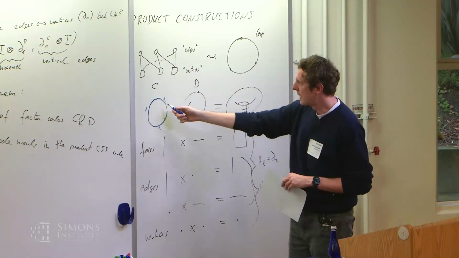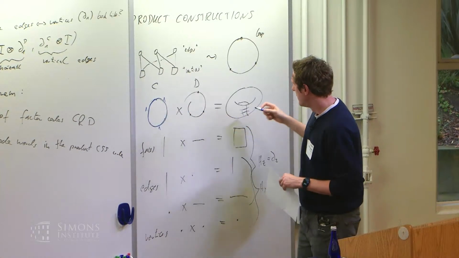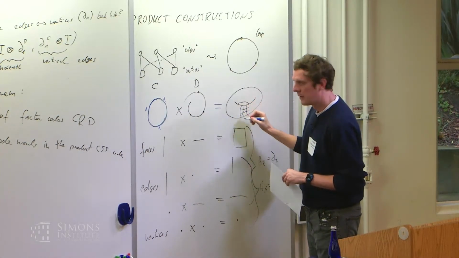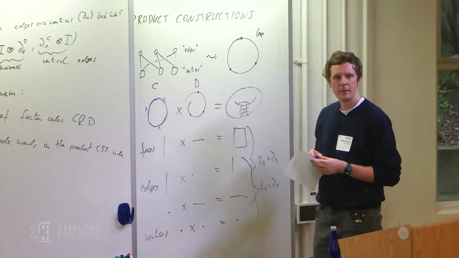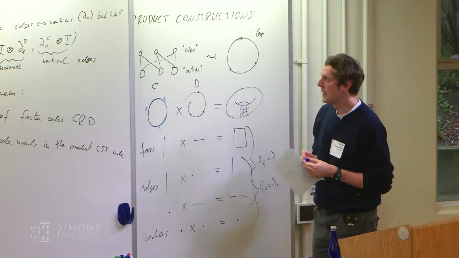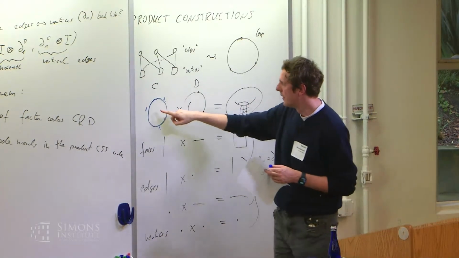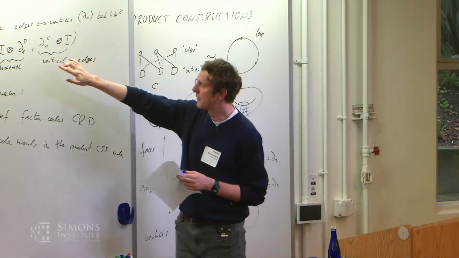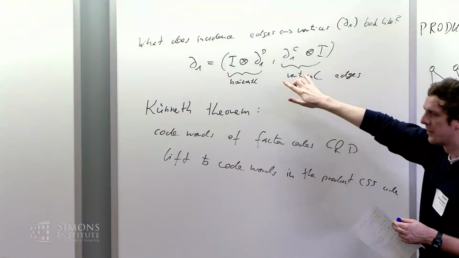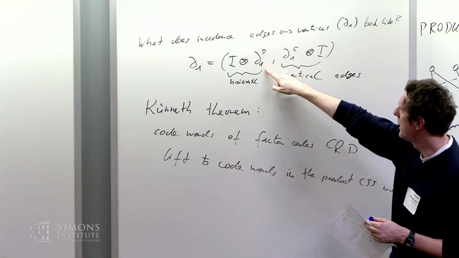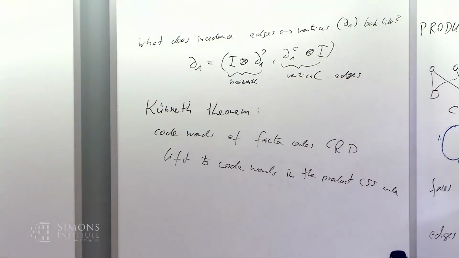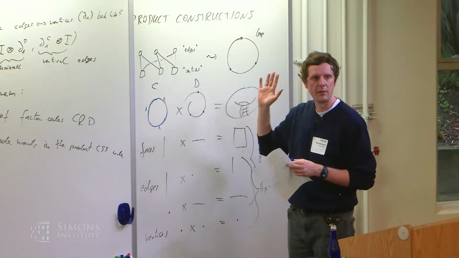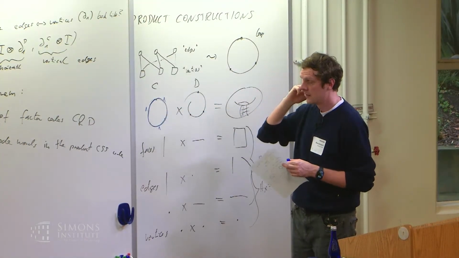Now it turns out that if I take this code word, then this lifts into a code word in the toric code, which is exactly this non-contractible loop here. You can see why this happens, because if I take 0 here and 1 here and plug this into my parity check matrix, then I'm only checked by the initial parity check matrix of the input code, and nothing happens on the other side.